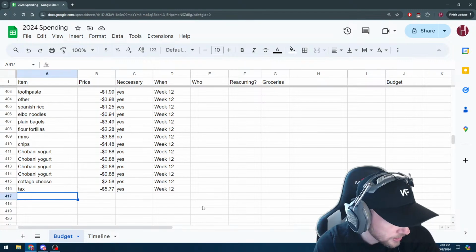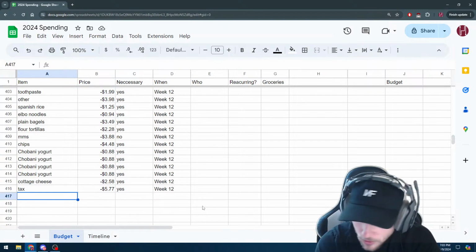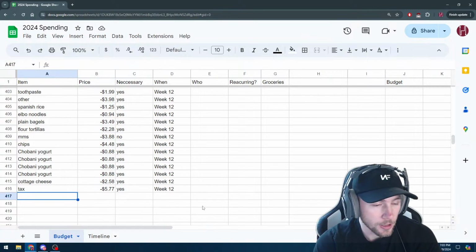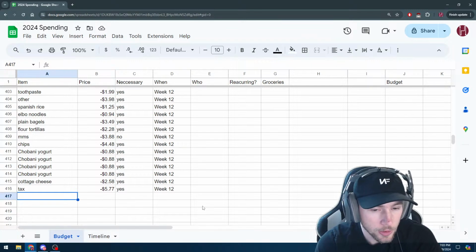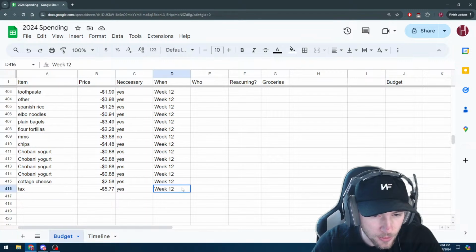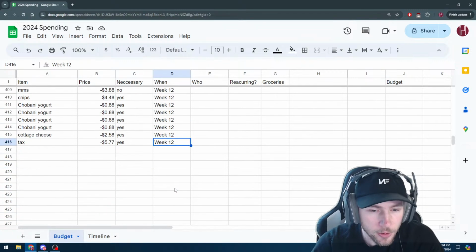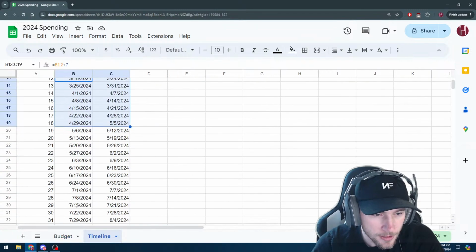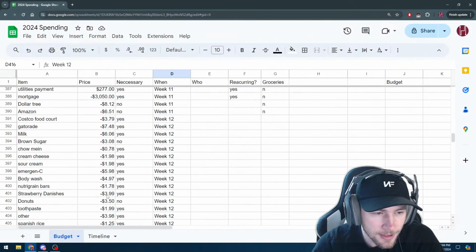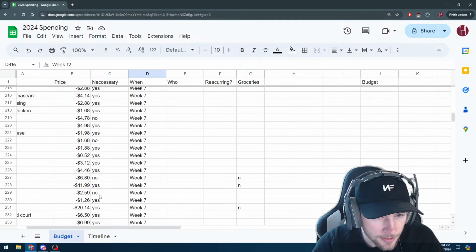And really, we just want to get caught up on all of this physical stuff. Otherwise, we're going to get very far behind and won't want to do it anymore. It'd be really cool to get through the whole year, all 52 weeks, and then see where all of our money is gone.